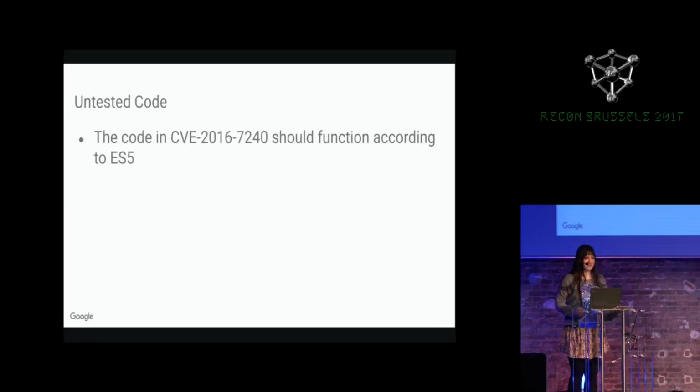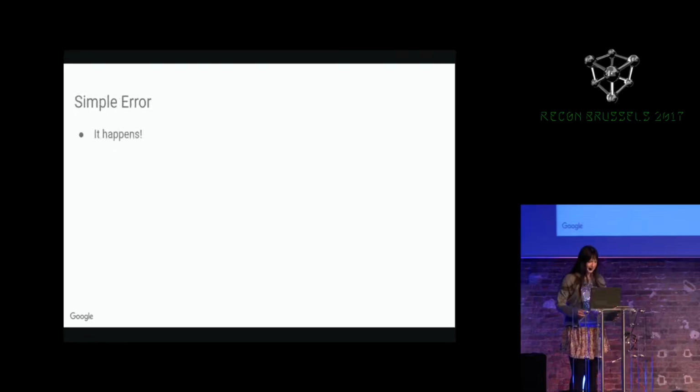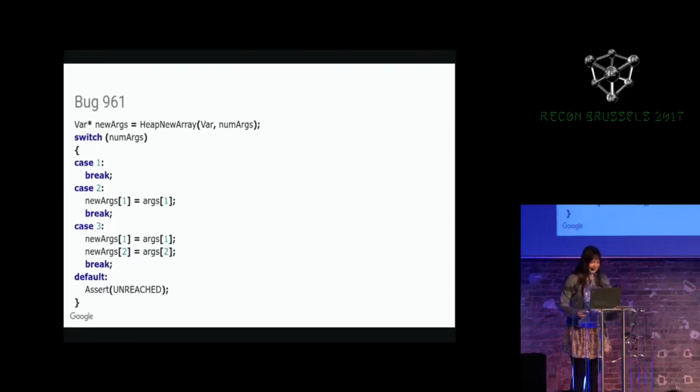A lot of the other stuff I've shown you is kind of weird JavaScript. This is something you absolutely should be able to do if you're going to write your debugger in JavaScript, and I guess no one ever tried it. And then there's this last bug. Not every bug is due to weird JavaScript features. Sometimes mistakes happen, and there was this one where this assert at the bottom, I think, was very much intended to be some sort of hard error, but it wasn't.